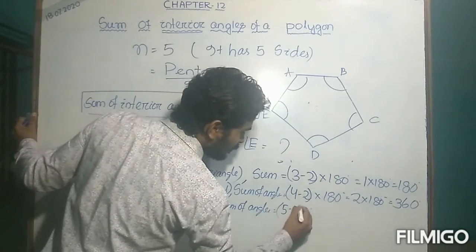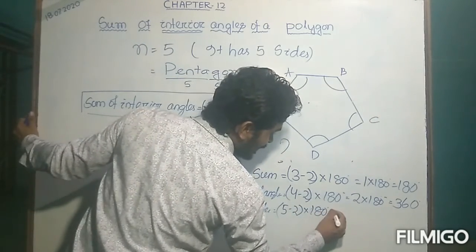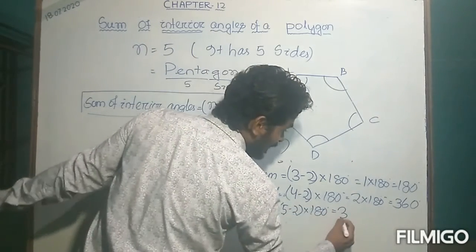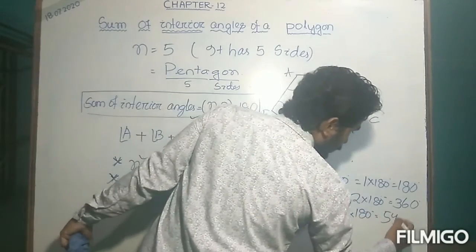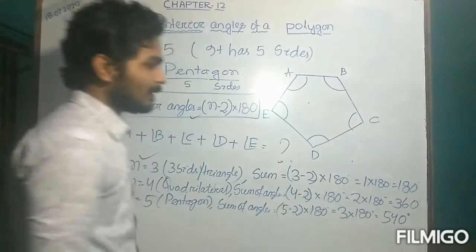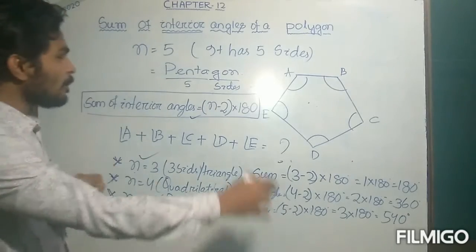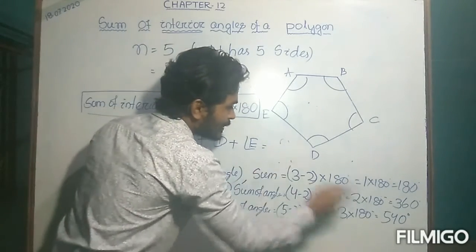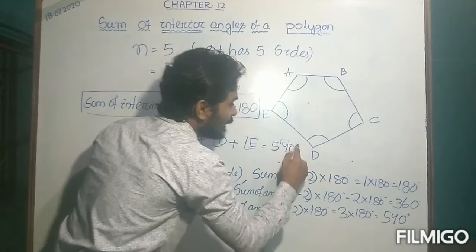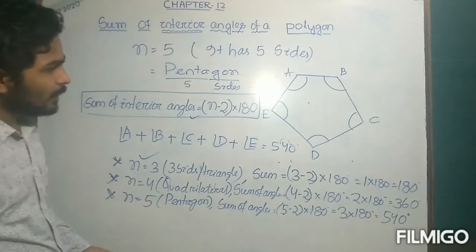So 5 minus 2 into 180 degrees, 5 minus 2 is 3, 3 into 180 degrees is 540 degrees. So the sum of all the angles A plus B plus C plus D plus E is 540 degrees. Now it is clear?